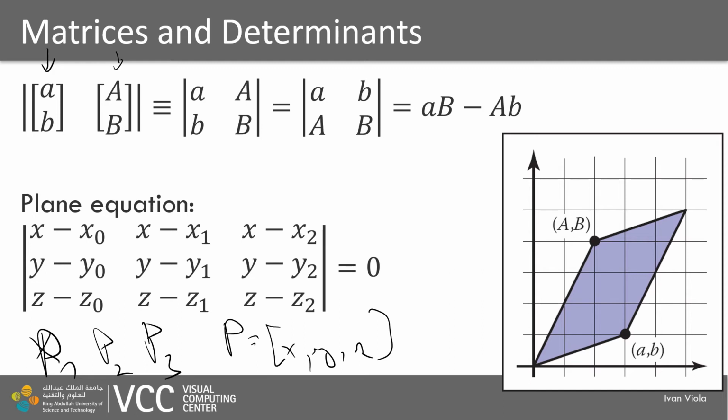So the determinant will be 0 only if the point P lies in the plane spanned by the points P1, P2, P3. For any position outside the plane, we will form a volume which will be positive or negative signed, but it will not be equal to 0.